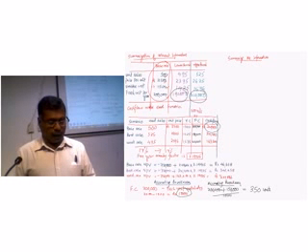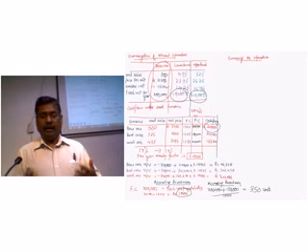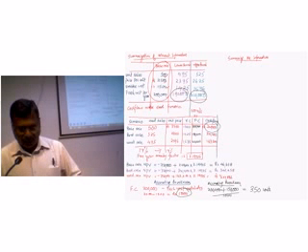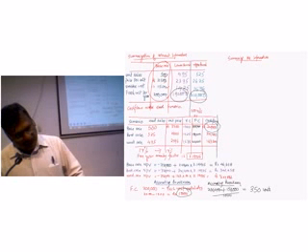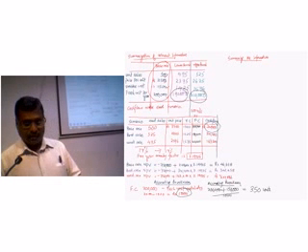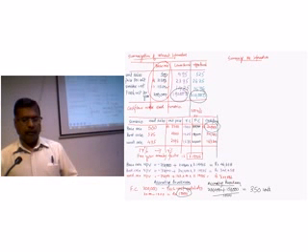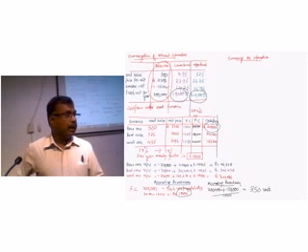Say 350, it is coming as units. Now we have calculated accounting break even as well.